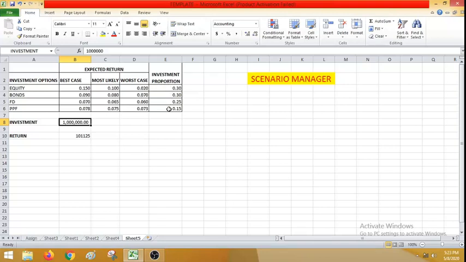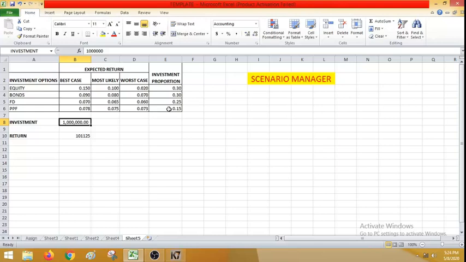But the investment options are always subject to different expected returns, right? There are numerous factors which can influence the expected return. Take an example: when the stock market is not performing well, equity is not going to perform well, and similarly bonds also cannot perform well, since bonds are also traded in the stock market.